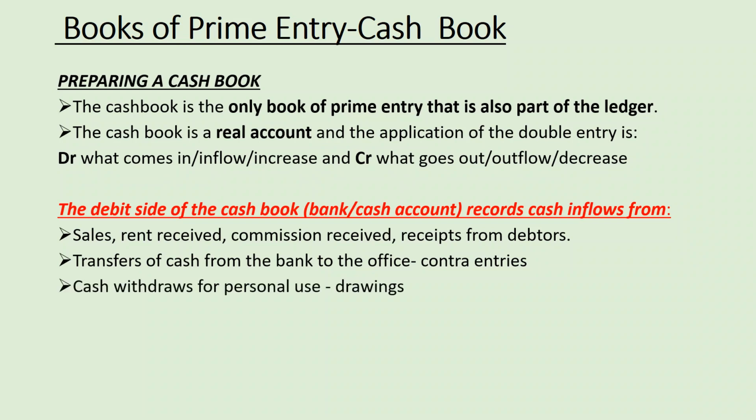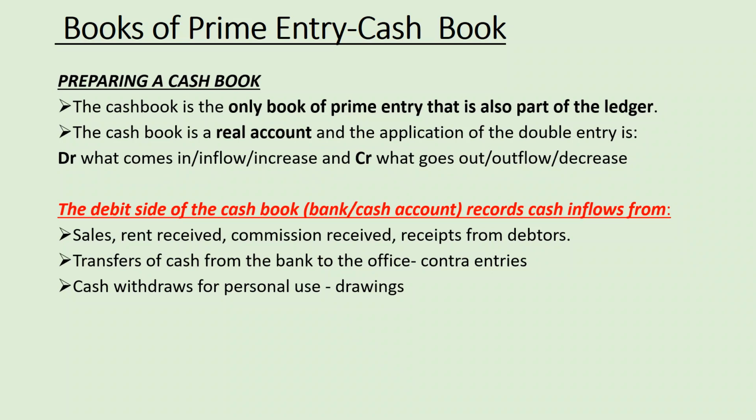Cash withdrawals for personal use, drawings. Even if you get money for personal use, even though that has nothing to do with your business, you're affecting your business, so an account has to be recorded of how much money you're getting from the business.